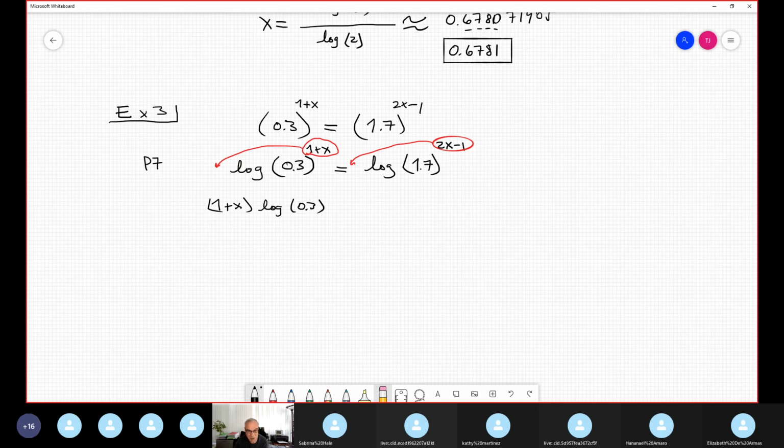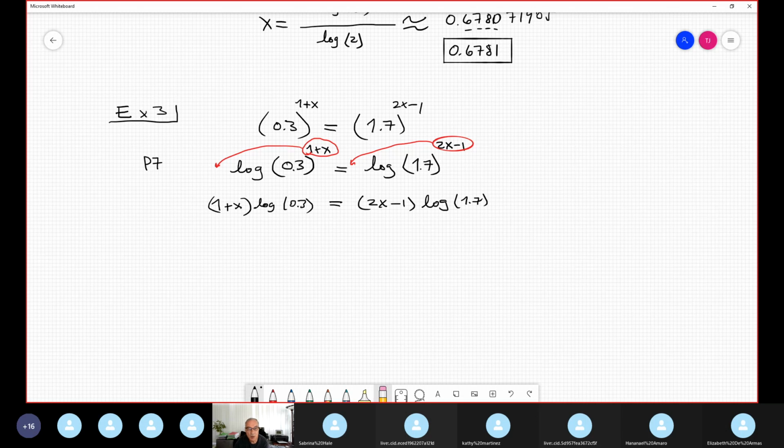Because if you write without parentheses, like that, this is wrong. I suppose that x multiplies only the logarithm and the 1 does not. So this is completely wrong. This is multiplication of everything. And the right hand side, identical: (2x minus 1), log 1.7.